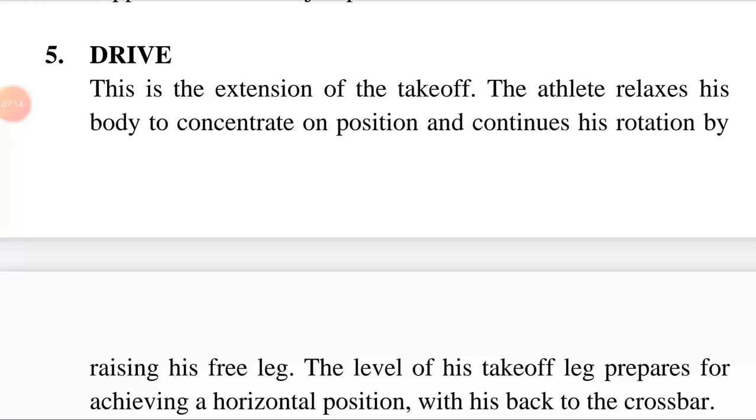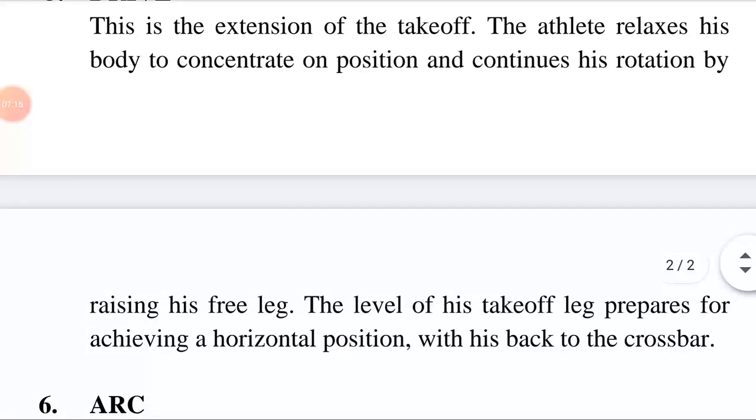This is the extension of the takeoff. Means drive is a part that is added to takeoff. The athlete relaxes his body to concentrate on positions and continues his rotation by raising his free leg. Means the athlete becomes less tense and gives full attention to his movement by lifting his legs without tension.